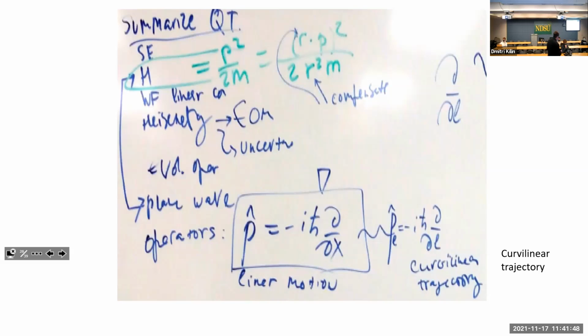So when we were speaking about translational motion, like in one dimension, our main door to the quantum world was the quantum operator of momentum, right? Which is derivative over position. And as soon as we accepted this concept, we were able to do wonders.